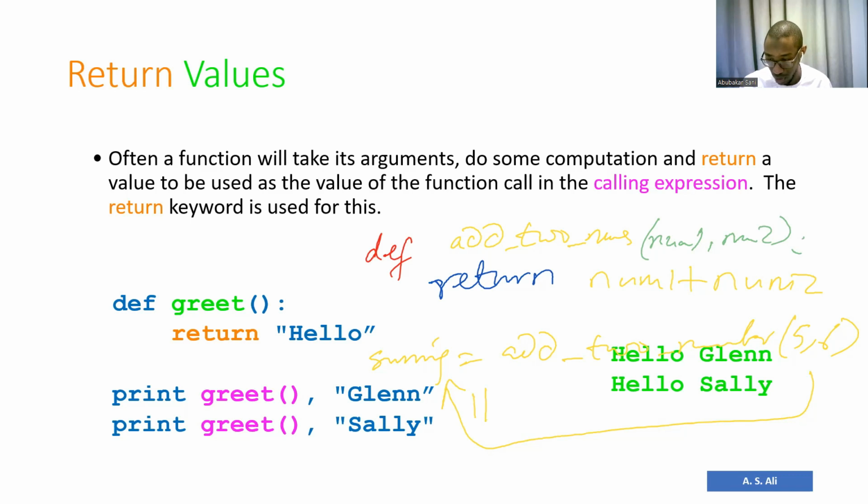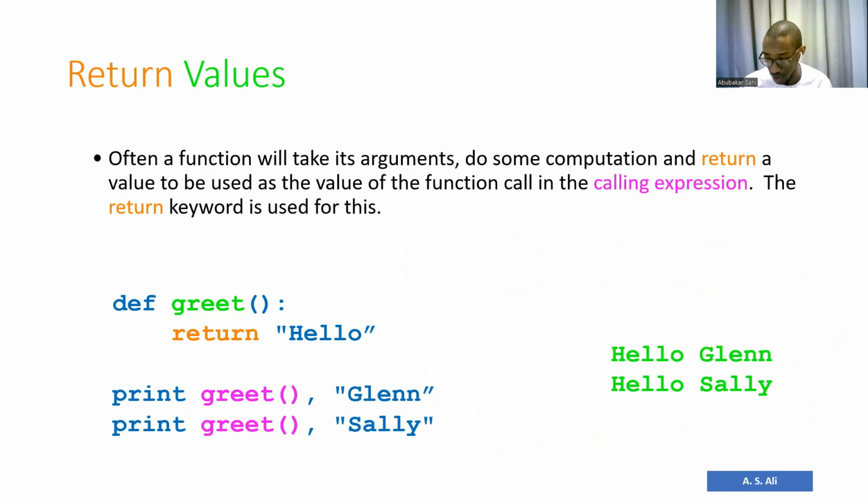So keep this in mind. That's what return can do for you. You can return numbers, you can return strings as well. For example, we have this function called greet, and when you call this function greet, it will return just hello. So greet, and we said Glenn. Here it will say hello, so greet will now put hello.